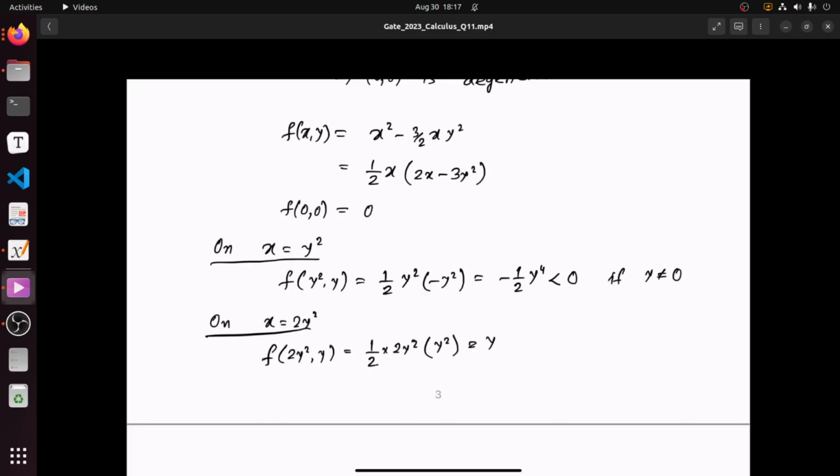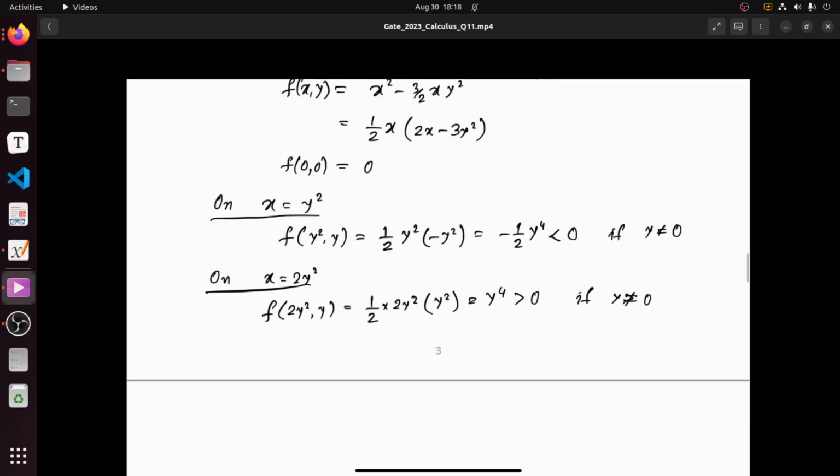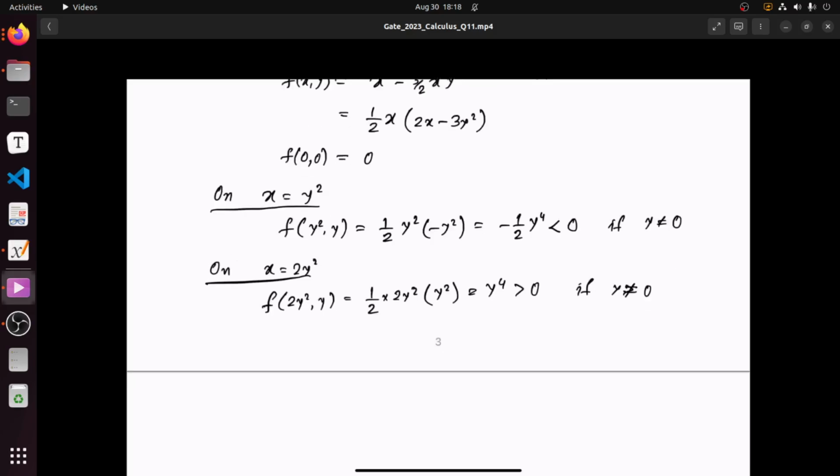So this is y to the power 4. So this is strictly positive if y is non-zero, right? So we see that if you take y close to 0, in a neighborhood of 0, this function takes both values arbitrarily close to (0,0), right?